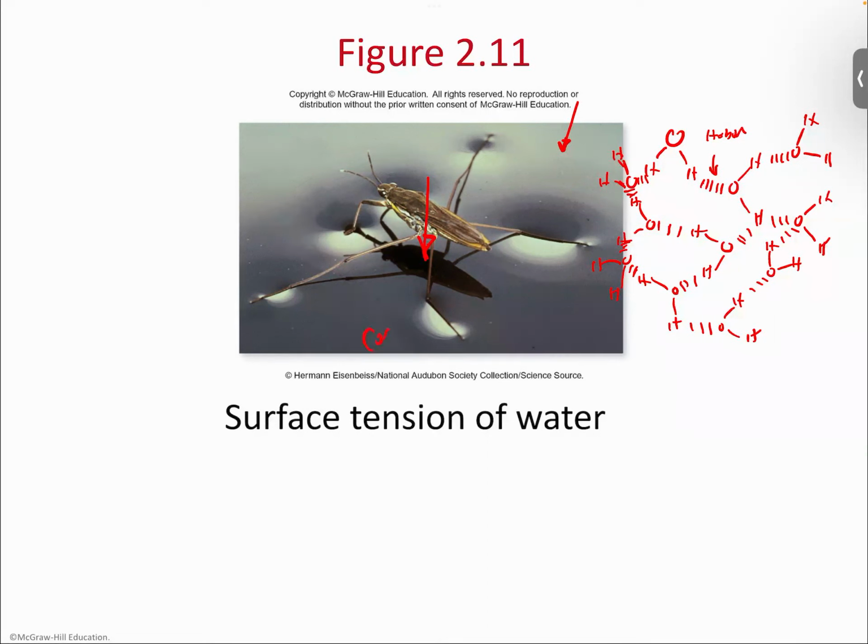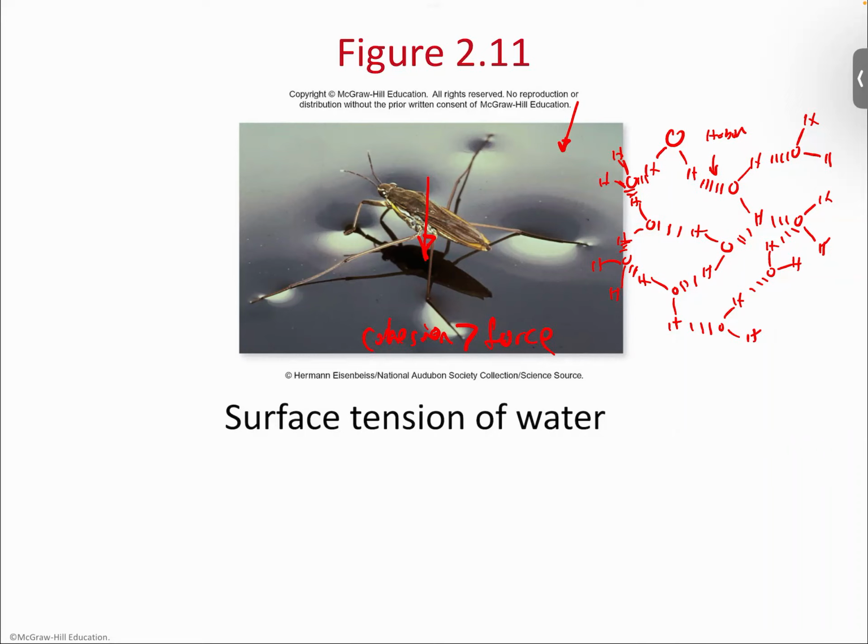So here, the cohesion is greater than your downward force. And if that's true, then you will not break that surface tension. You will skitter across the top.